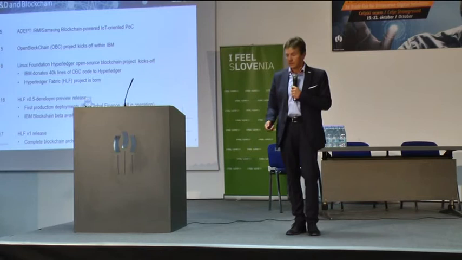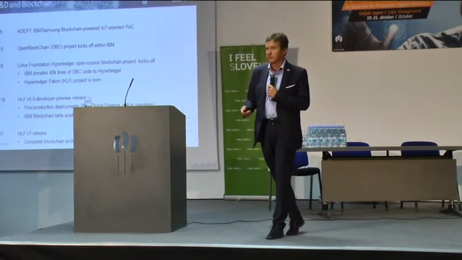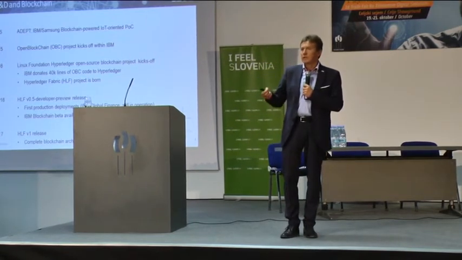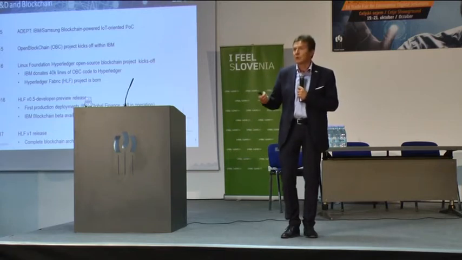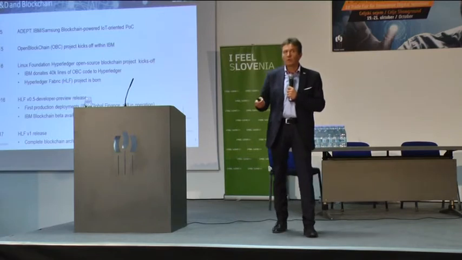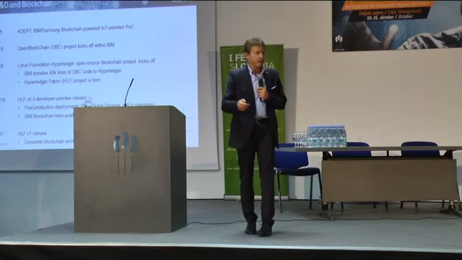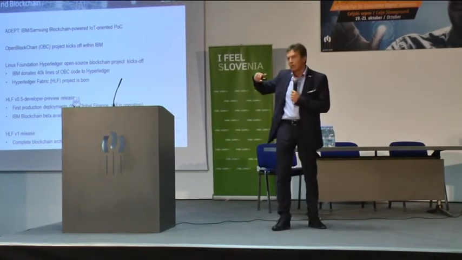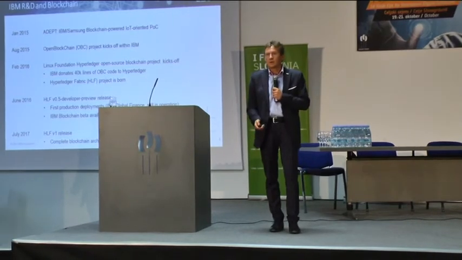Of course, we learned again that we had some issues, especially because the aim was that you can use your existing programming languages, and in blockchain, when you program your smart code, it needs to be deterministic. Okay, we learned something, and in July 2017 we turned it around a little bit, and version 1 of Hyperledger is now available.